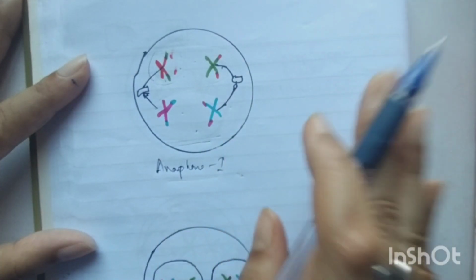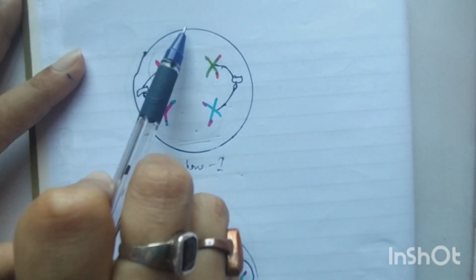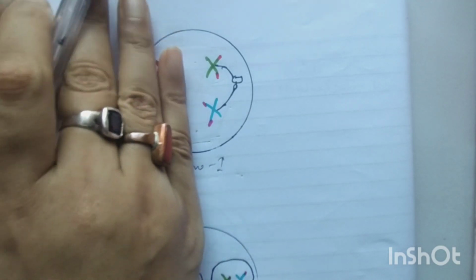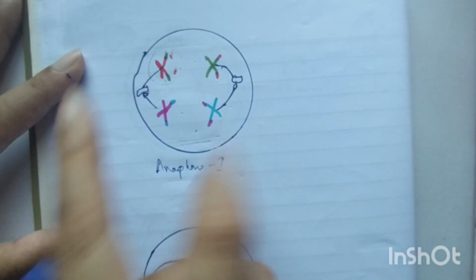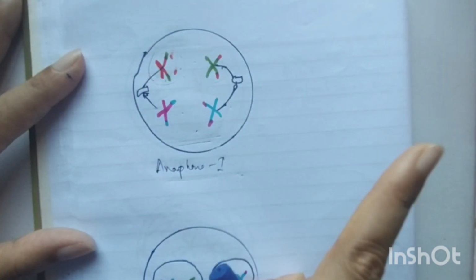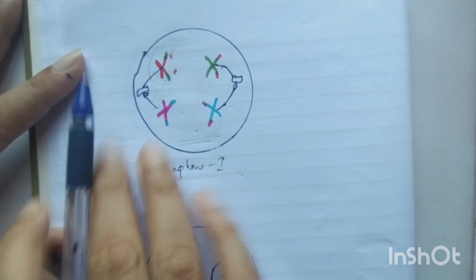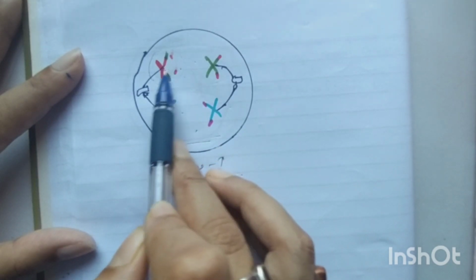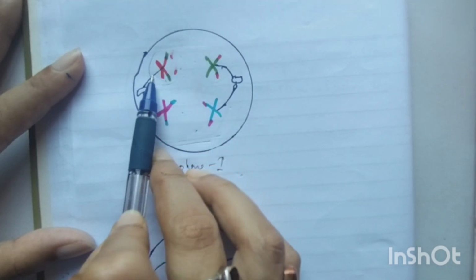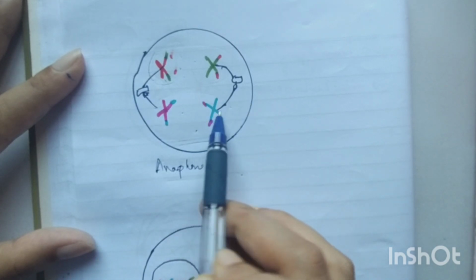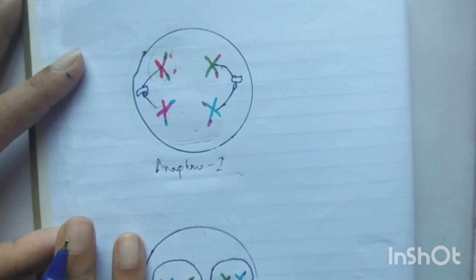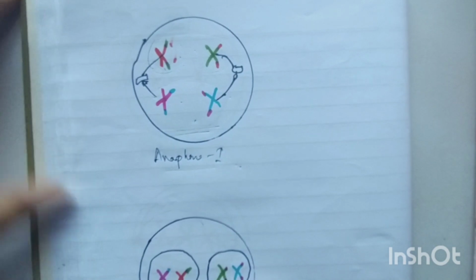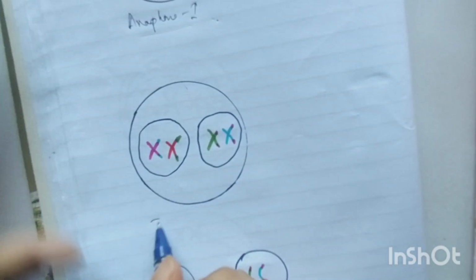In mitosis, the 4 chromatids of each chromosome shift towards opposite poles, and there is a division of the centromere. But here, division of the centromere is not there. A chromosome of the homologous pair will move towards the opposite direction, and that is why the number of chromosomes gets reduced to half.